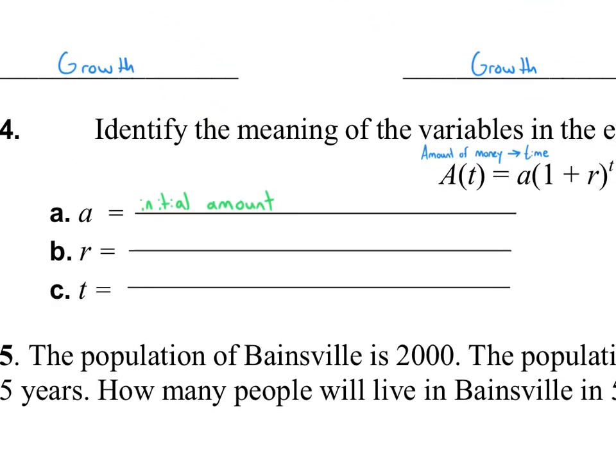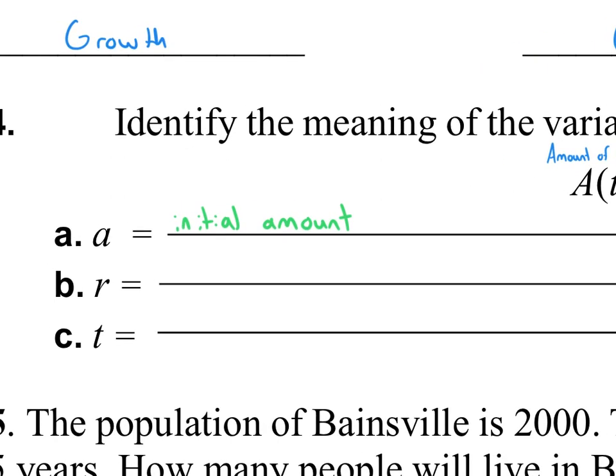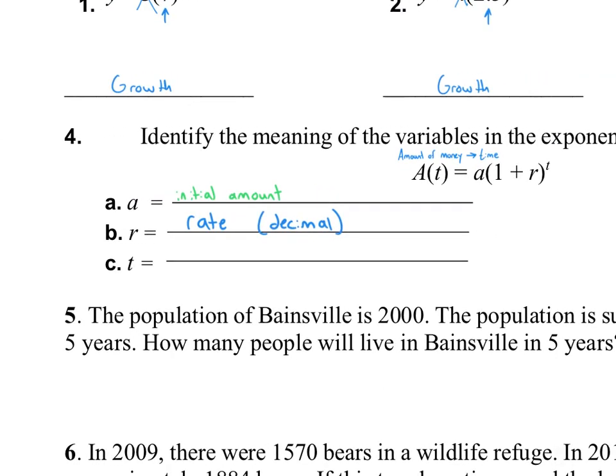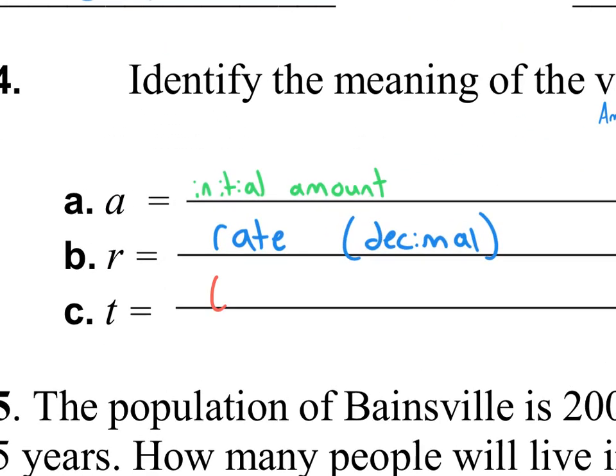So a is that initial amount. r is the rate, but that rate must be expressed as a decimal. And then time is t.